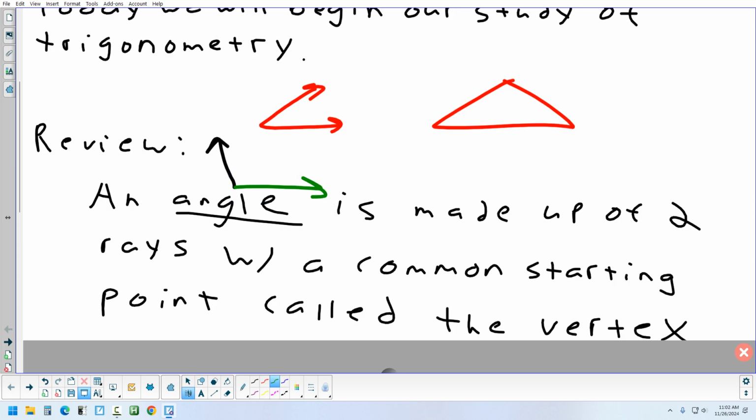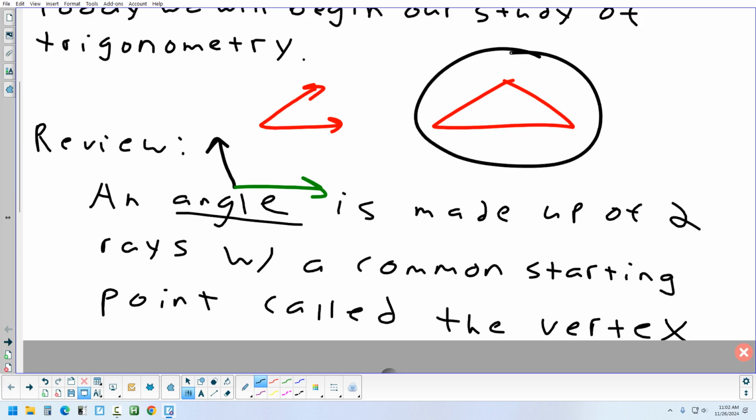Now, when you draw something like a polygon, that doesn't have rays in it. What do we call the three sides in a polygon, geometry-wise? They're not rays, they're not lines. They're line segments. So in a polygon, where two line segments meet, that's an angle. But I'm defining an angle standing on its own.